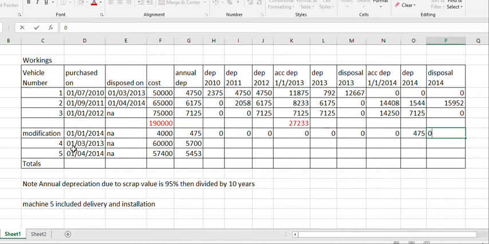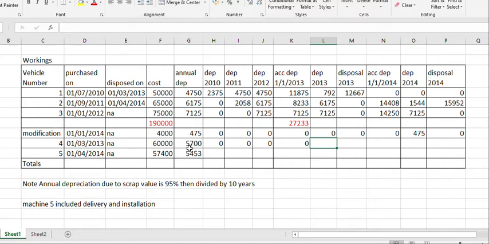Machine number 4, we bought on the 1st of March 2013. So again, 2010, 2011, 2012, nothing, nothing, nothing. Depreciation for 2013, however, we bought the machine on the 1st of the 3rd, so we would have that machine for 10 months.